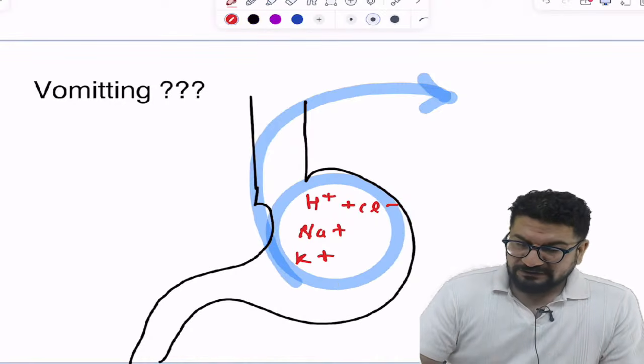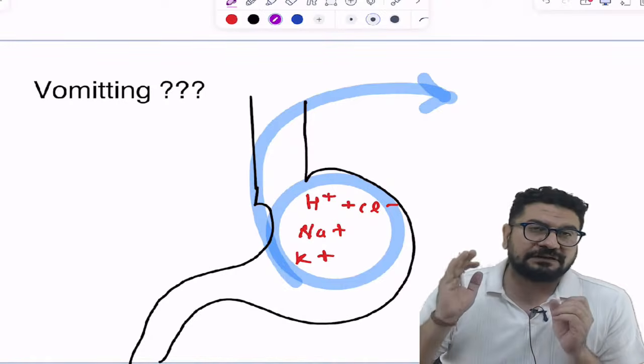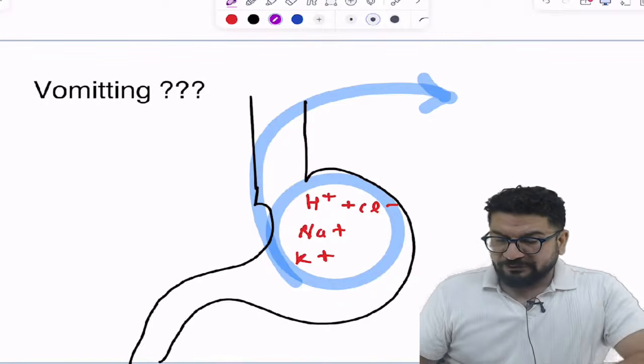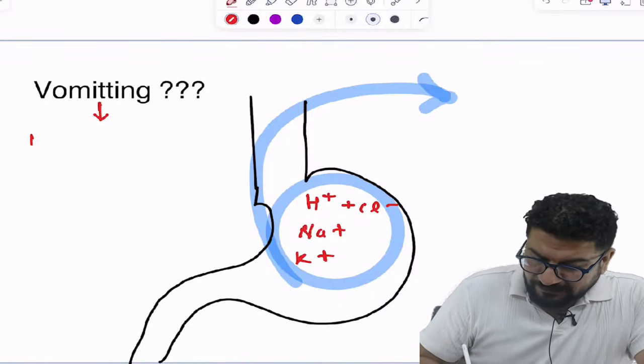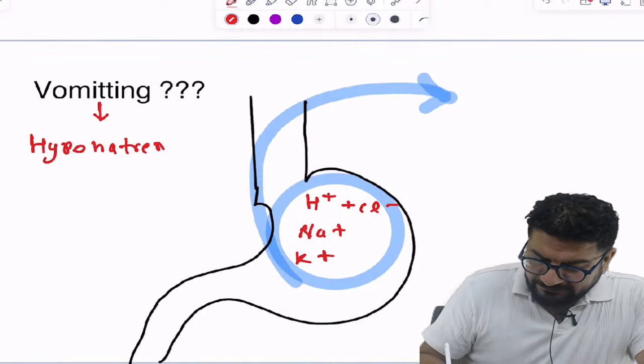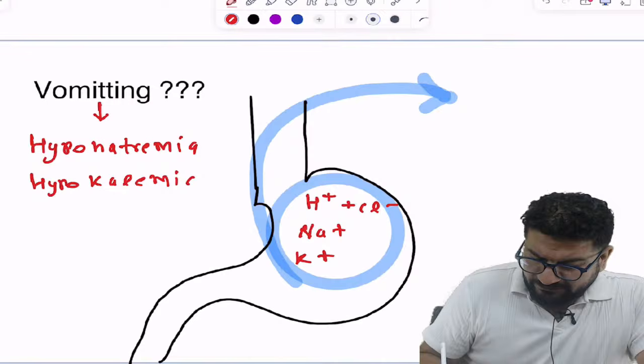Look at the screen, try to understand this thing. They ask you what will be the electrolyte imbalance. And this question they are asking from past 3 attempts regularly. So because of vomiting, what will happen? You can notice there will be hyponatremia, means sodium will be lesser. There will be hypokalemia, means potassium will decrease.